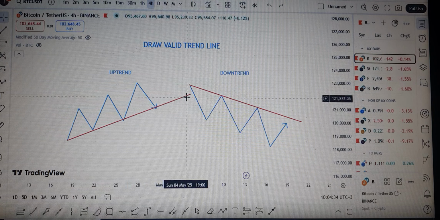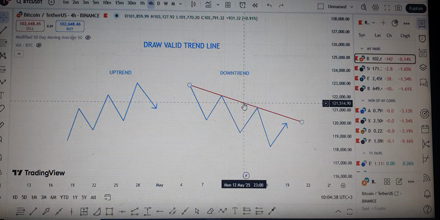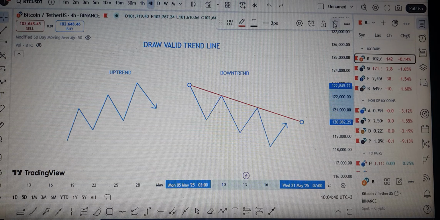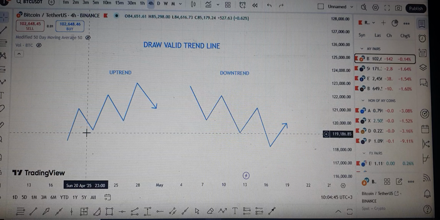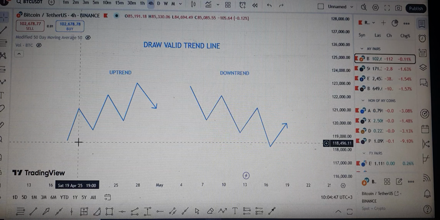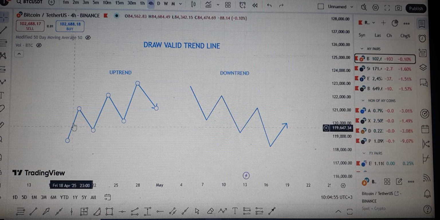Some people look at this. If you have seen, we draw our trend lines like that. Then another criteria that you should follow when you're drawing your trend line is it should at least touch two swings, two major levels. What do I mean? Maybe this is an uptrend.